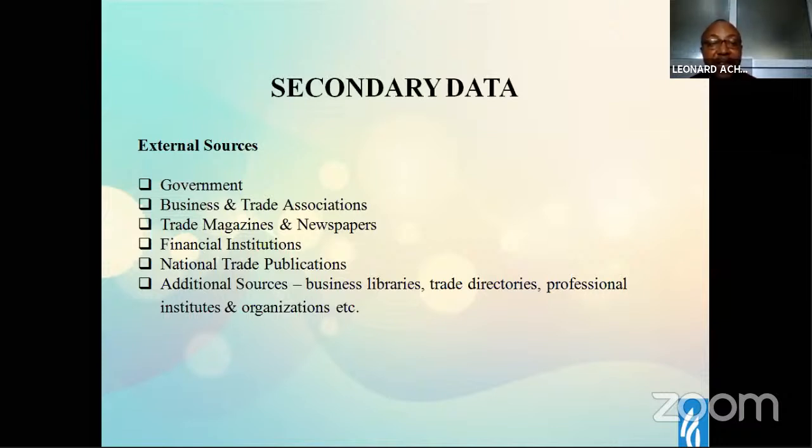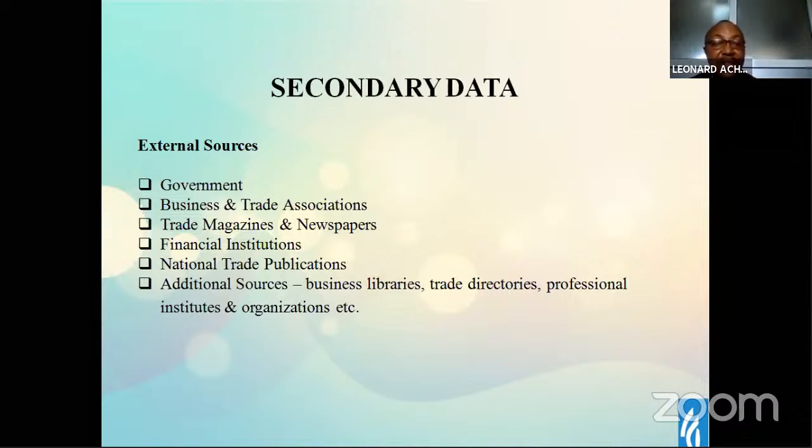We have financial institutions like the banks, the stockbrokers, the Chartered Institute of Accountants, Chartered Institute of Taxation, and a whole lot of professional and financial institutions where we can get information.